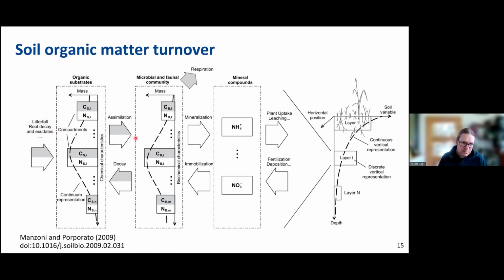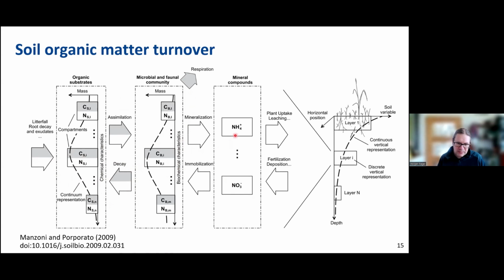Then the soil organic matter is assimilated by the microbial community and also by the faunal community. And here again, you have mostly this compartmental approach distinguishing different microbial pools along the soil profile. The microbes can decay and become part of soil organic matter, and this is an important process for soil organic matter formation.